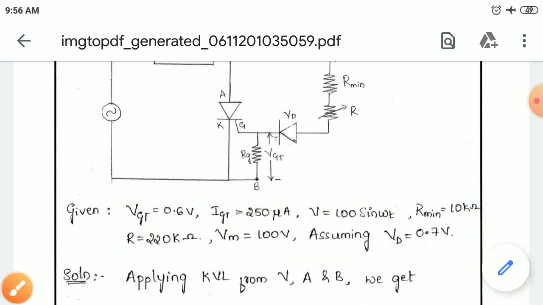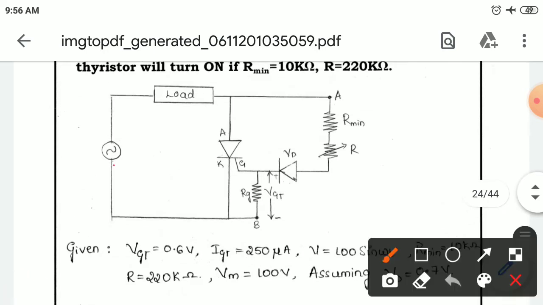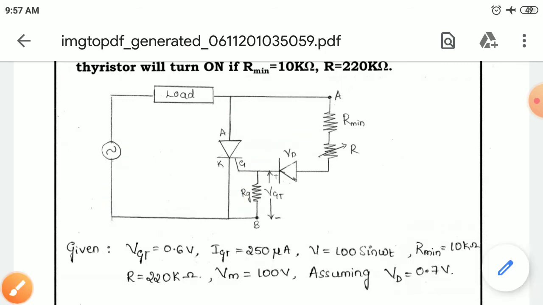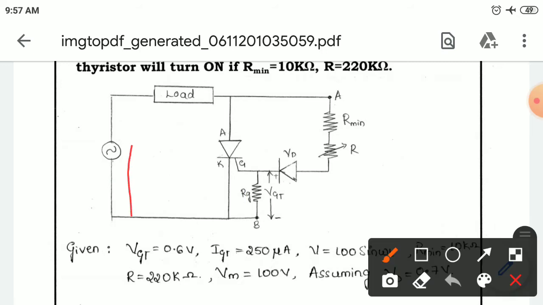Okay, so then applying the KVL from V, A and B, that means in this loop, if you are applying, it is V minus IGT into R minimum, minus IGT into R, minus VD, minus IGT into RG, minus VGT is equal to 0.